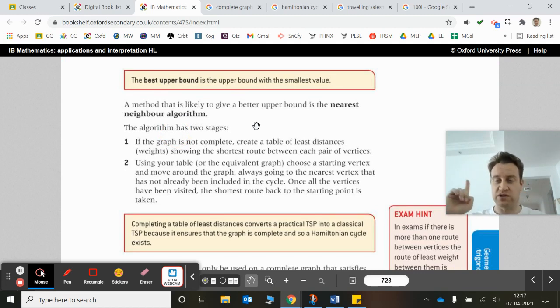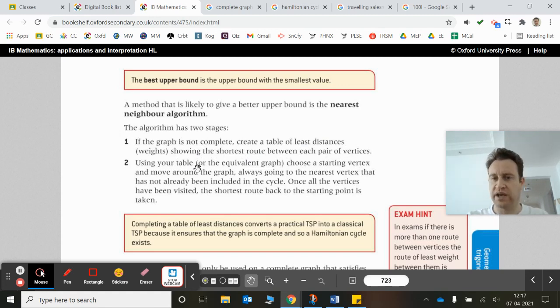In order for you to do this, you're going to need to have a complete graph, which is based on the shortest distances, which is what we've just done in the previous example. So the algorithm has 2 stages. 1, if the graph is not complete, create a table of least distances or weights showing the shortest route between each pair of vertices. That's what we've already done.